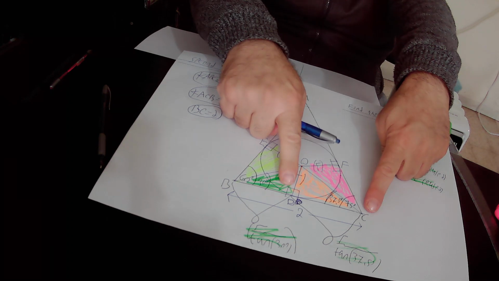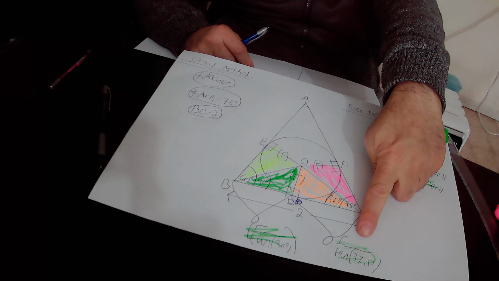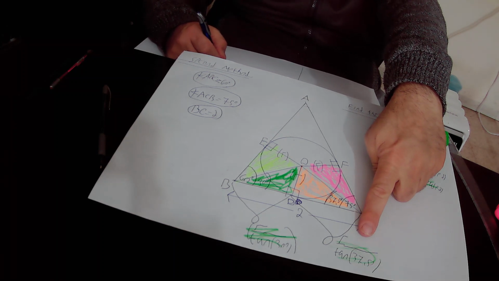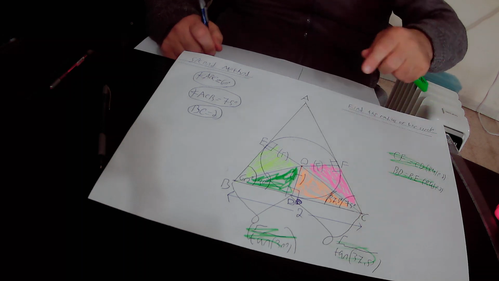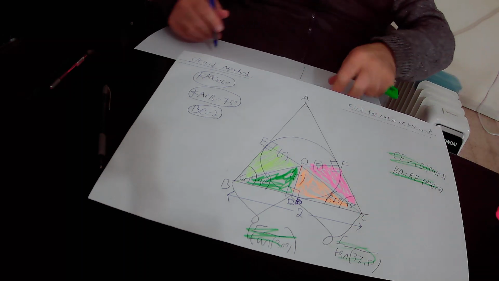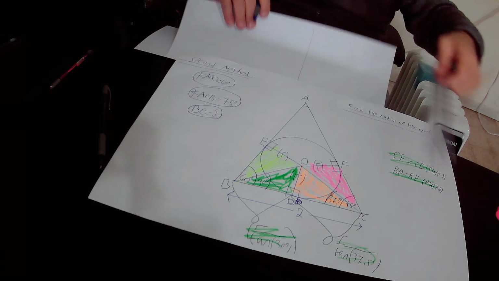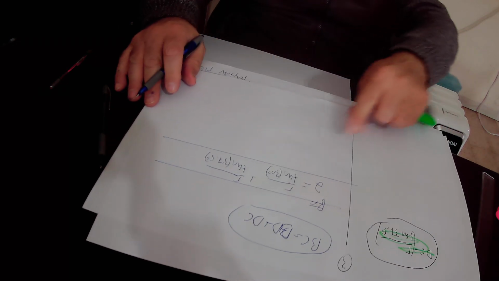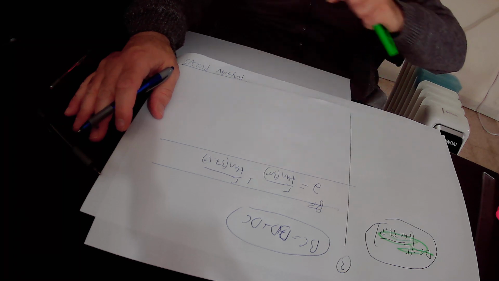We already found out that DC equals R over tangent 37.5 degrees. So we substitute DC by R over tangent 37.5 degrees. So in conclusion, we found out that 2 equals R over tangent 30 degrees plus R over tangent 37.5 degrees.